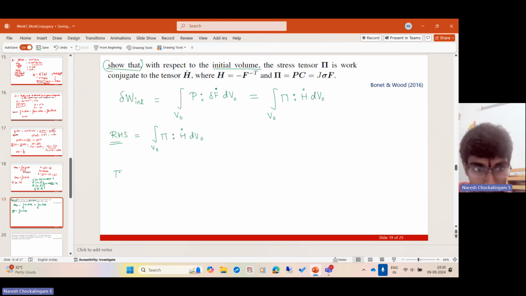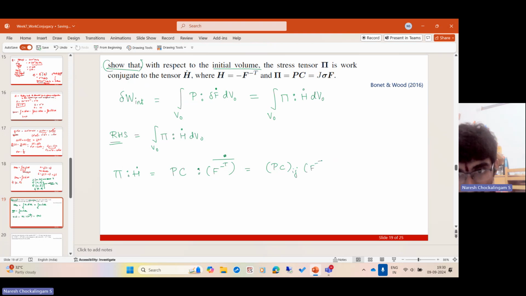What is pi double contracted with H dot? Pi is PC double contracted with F inverse transpose dot. Okay, so this is nothing but PC ij, F inverse transpose ij. Get rid of the transpose, we get PC ij F inverse ji.